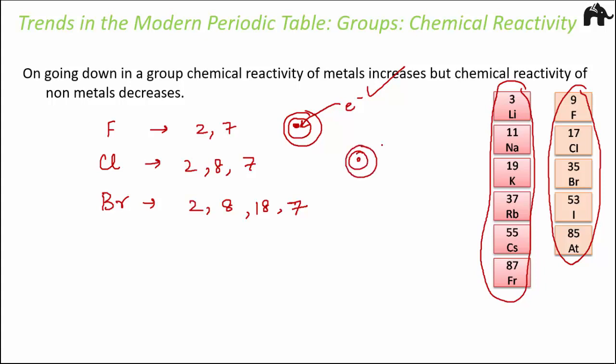Since the number of shells is more, the nucleus will have to put more effort to attract an electron. So as we go down the group, the tendency to gain electrons decreases, because gaining electrons becomes more difficult. As a result, the chemical reactivity of non-metals decreases, right? I think this logic is clear, right?